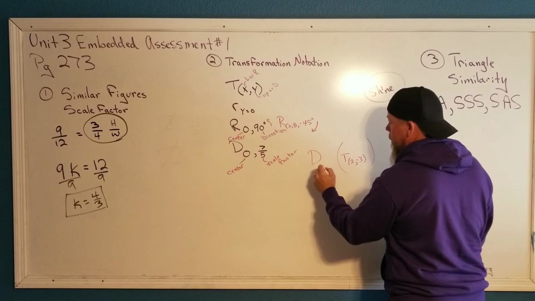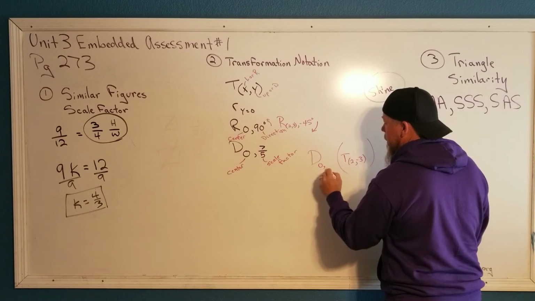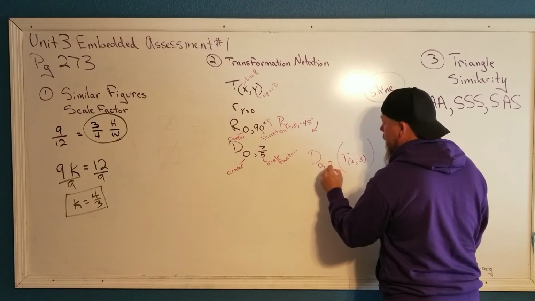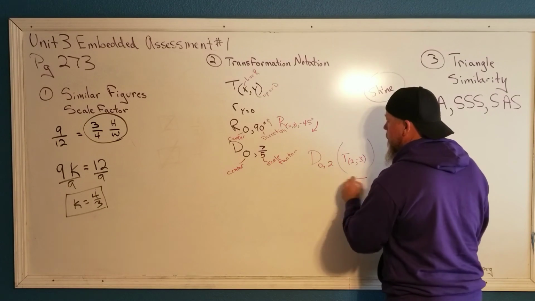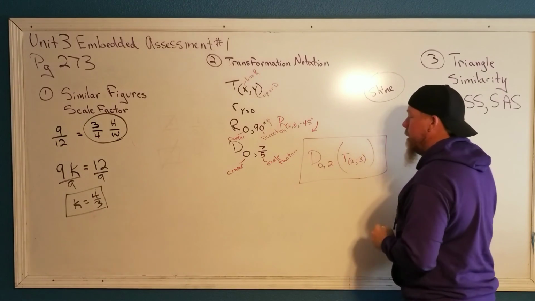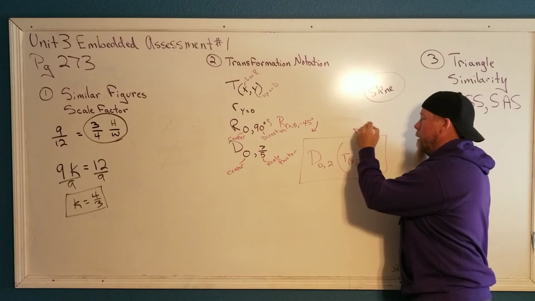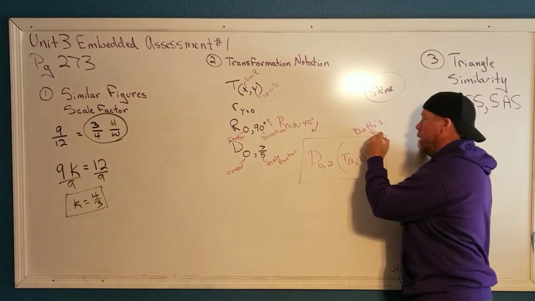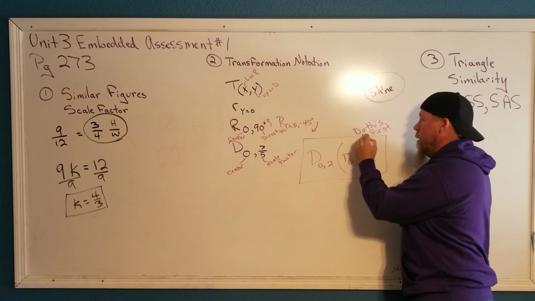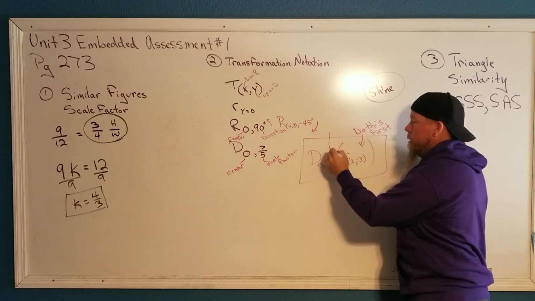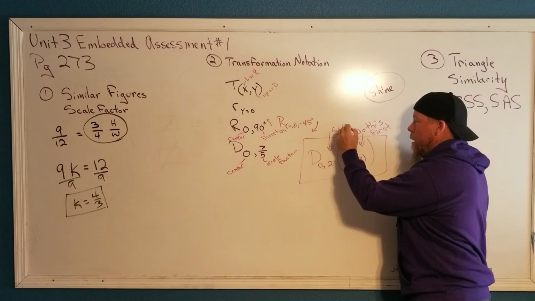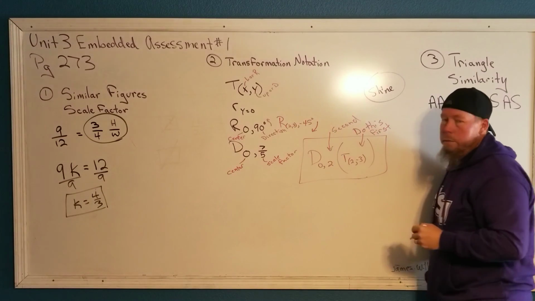This is the way your symbolism would work. Let's say we dilate around the origin and we're going to double everything. So this is what your notation would look like. This would say translate first, do this first. Then do this. That's how the notation works, okay?